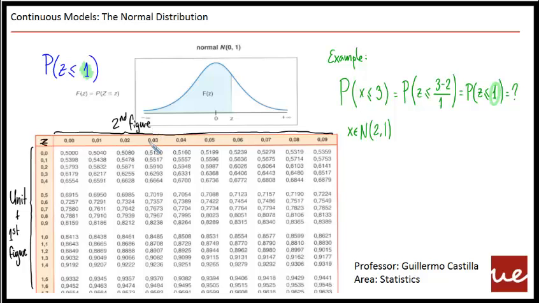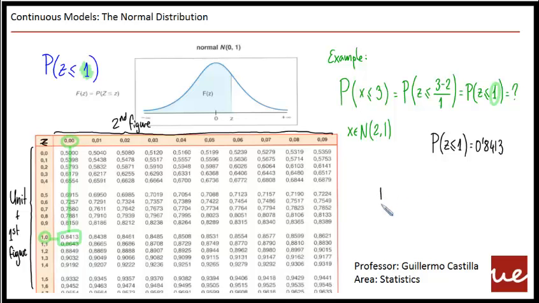So in this case we want number 1, which is actually 1.00. We look for 1.0 on the column and 0.00 on the row, and we'd find this number over here, which gives us the probability of Z being smaller or equal than 1, which is 0.8413, as you can see on the table.